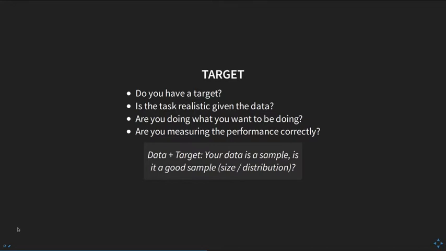And then the next one to consider is the task that I think I'm going to do, is it realistic, in the sense that do I have enough information in my data set to predict this target? For example, say that we want to predict the mood of a person given a single message that they posted on any social media.